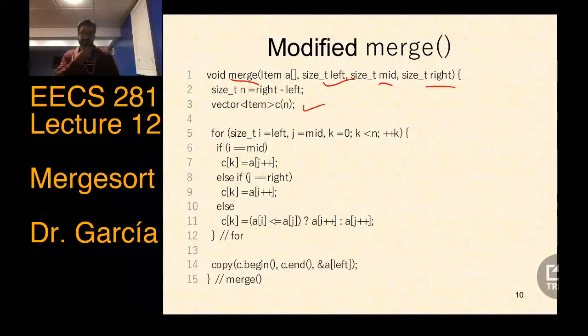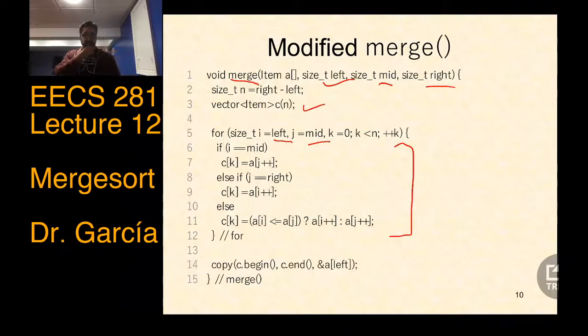So now that we have created C, the code looks very similar. In fact, it's the same code as we had in the previous example code, except that now we are contending with mid and left here, rather than, if you recall, having size A and size B in the previous code.